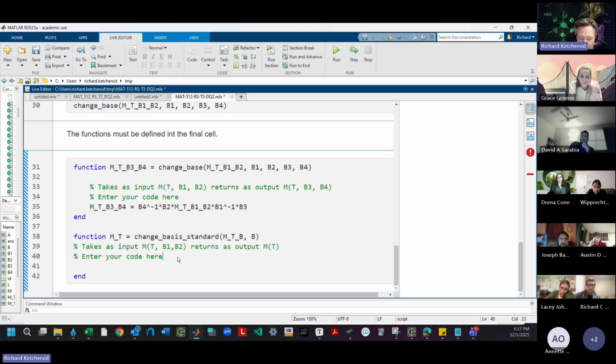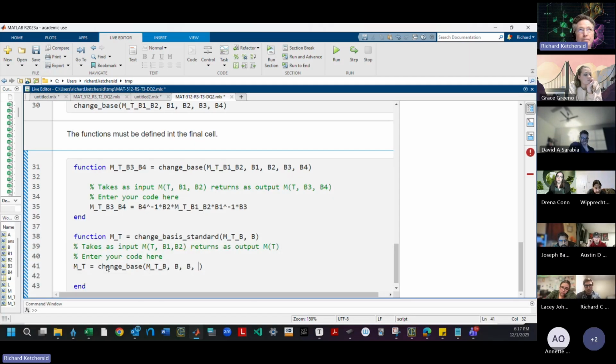In this case, because I could here say MT equals, and our input here is going to be MTB. So I'm going to do the change of base, and I'm going to put in MTB, right? And now B1 and B2 are just B, right? And B3 and B4 are just the identity matrix of the correct size, right?